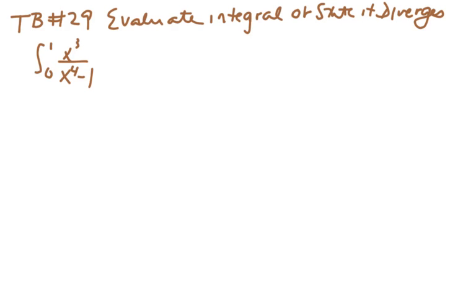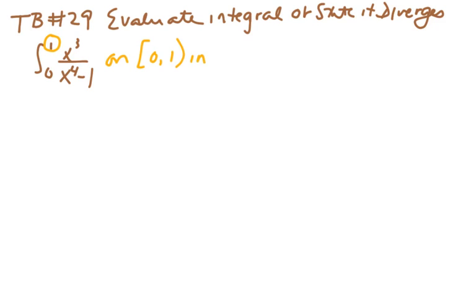Okay, here's the example that I'd like to go through with you. It's textbook number 29, and we're asked to evaluate the integral or state whether it diverges. You can see here that at 1 we have a problem. We've got an infinite discontinuity. On the interval, 0 is good, but 1 is open.